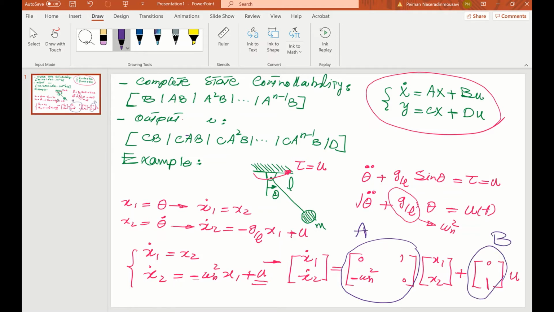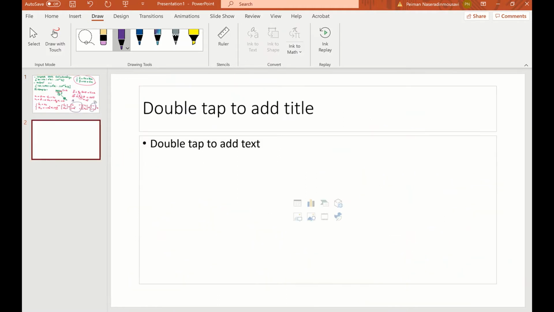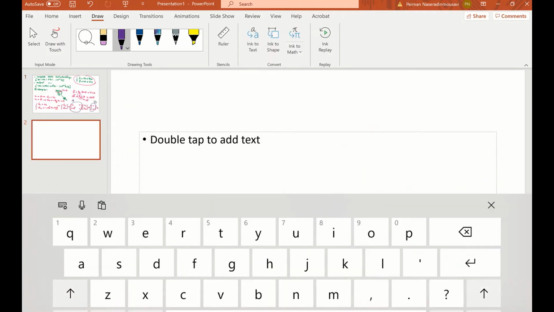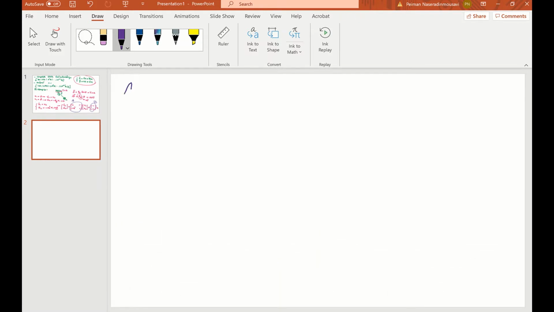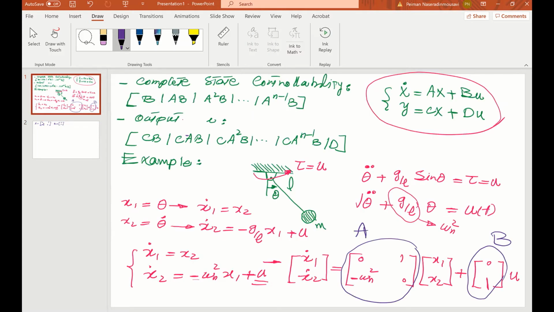Going to the next page. Having A as 0, 1 and minus omega n squared, 0, and B as 0 and 1, from the previous page. Look at here.